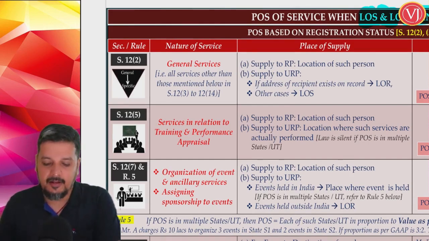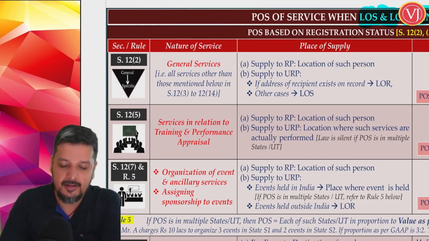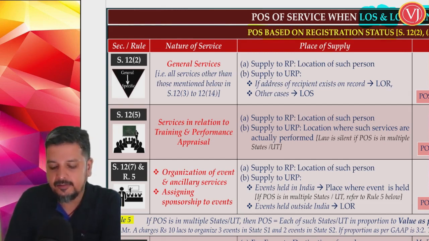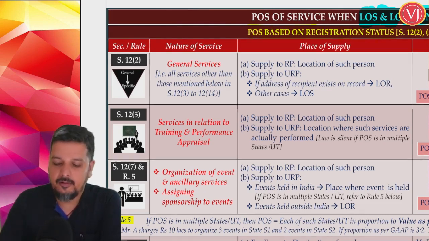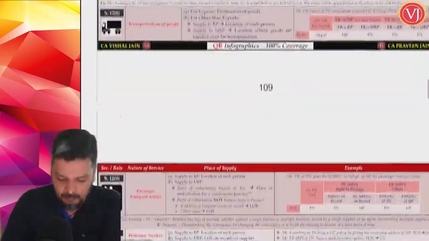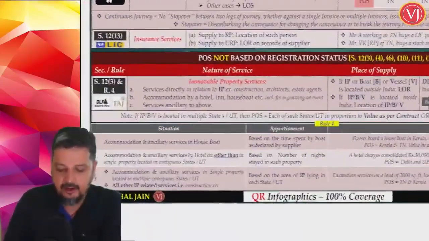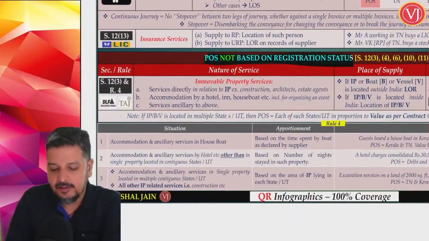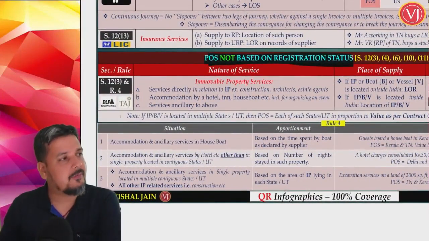But before we take that, please understand that we have bifurcated your entire section 12 into 2 parts. Place of supply where the answer is based on registration status of the customer, recipient. And place of supply where the answer is not based on registration status of the recipient.